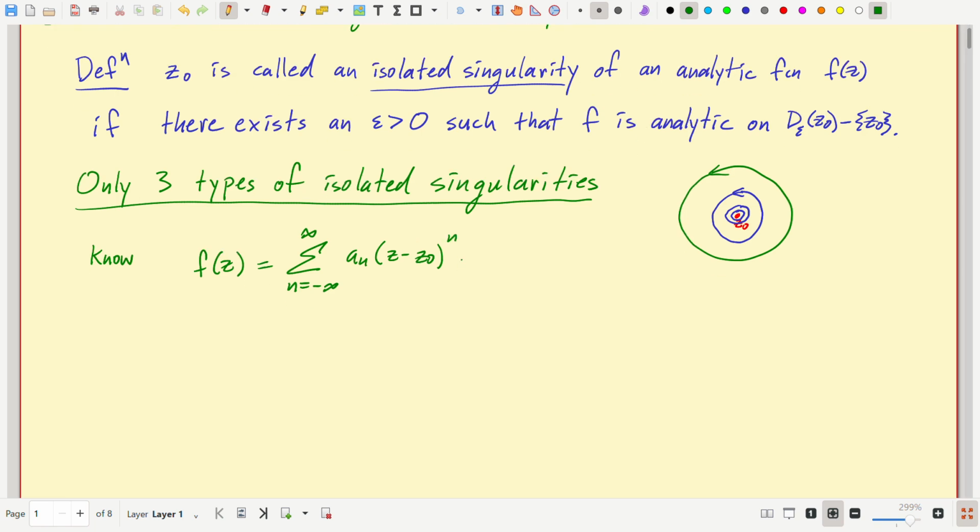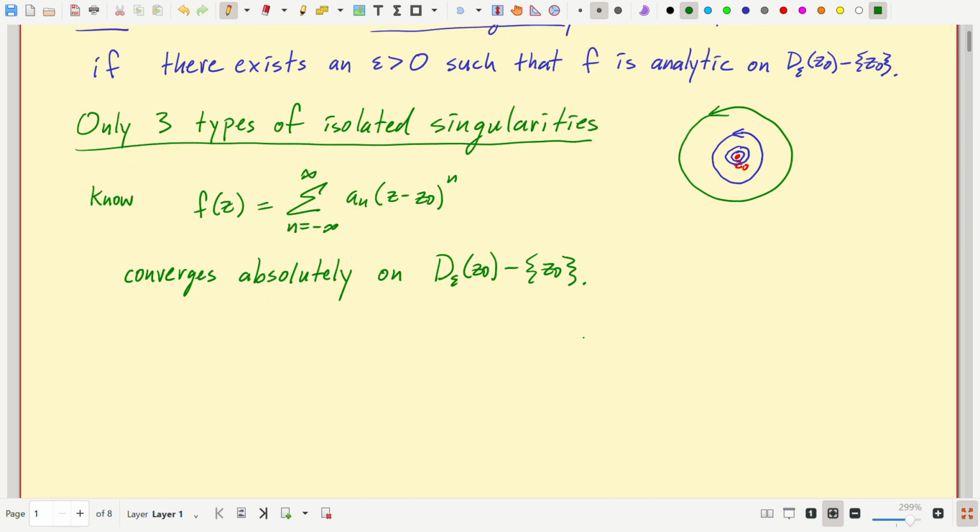And it converges absolutely on every point in that punctured disk. Well, there's three possible cases based on looking at that series.